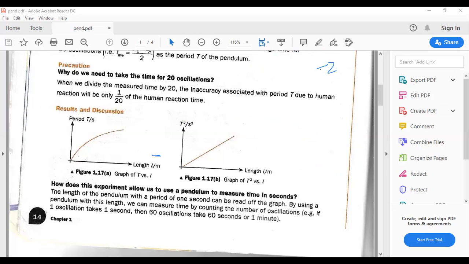Can you repeat the experiment? How do we find the time period of one oscillation?